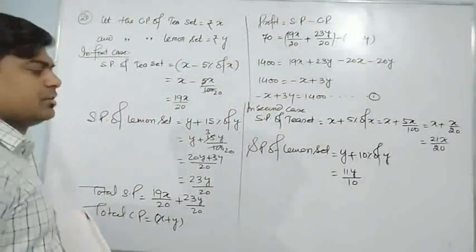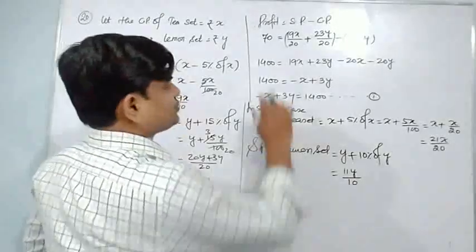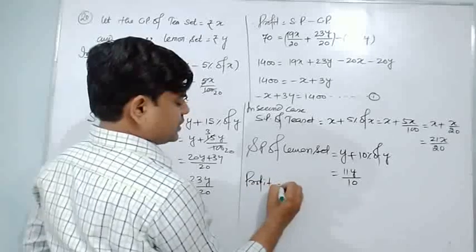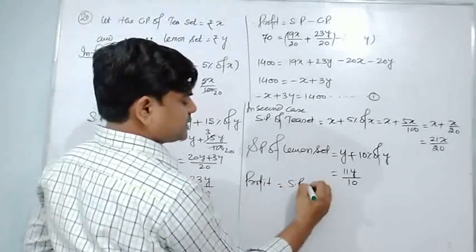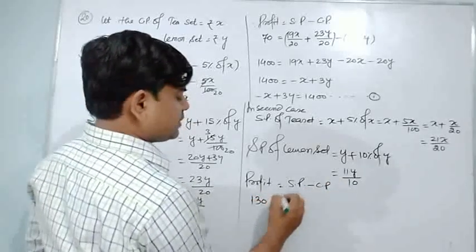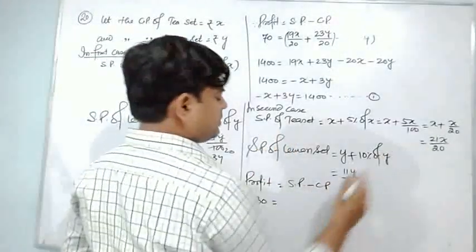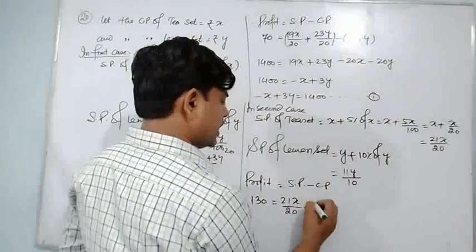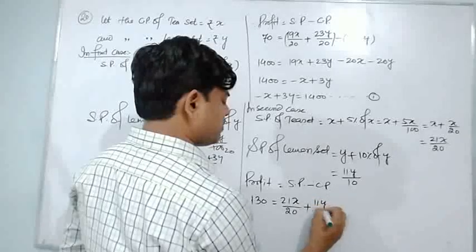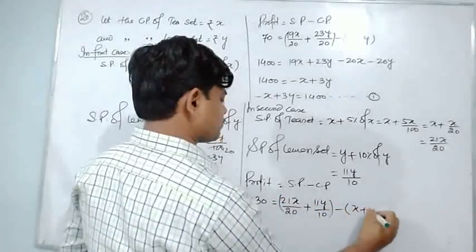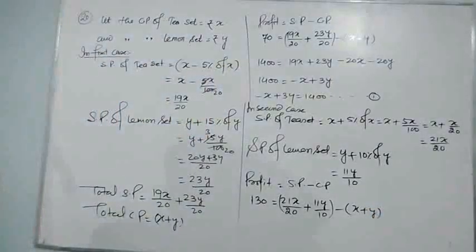11Y upon 10. Now again, I am just going to write directly this one, profit. Profit is equal to SP minus CP. So now I am getting 130. And what is the SP and CP? Total SP will be 21X upon 20 plus 11Y upon 10 minus X plus Y. And again you can simplify the same process.